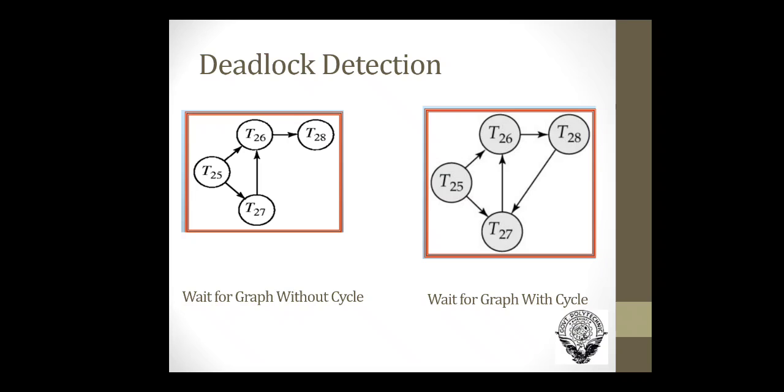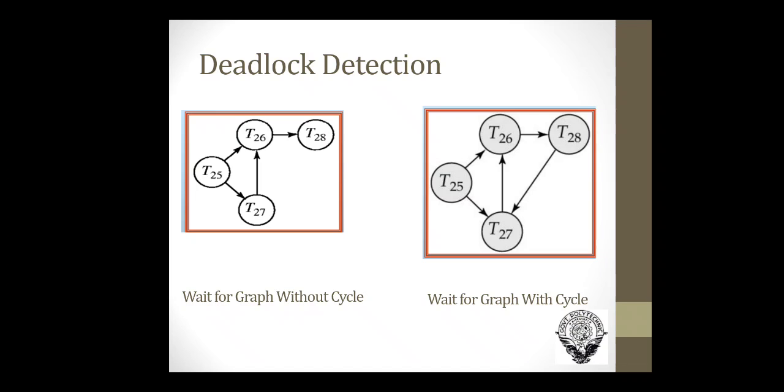Here, in the wait-for graph without cycle, T25, T26, T28 and T27, there are 4 transactions. Each one is waiting for a data item obtained by its previous transaction, but there is no cycle in this particular graph.